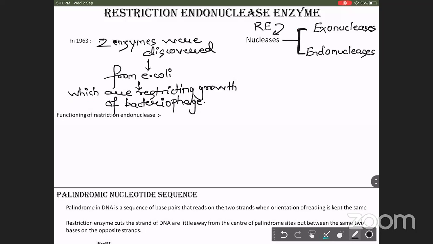So first come the exonucleases. Whenever the word exo comes, it means the outside. And we know endo means the inside. So exo means the outside.